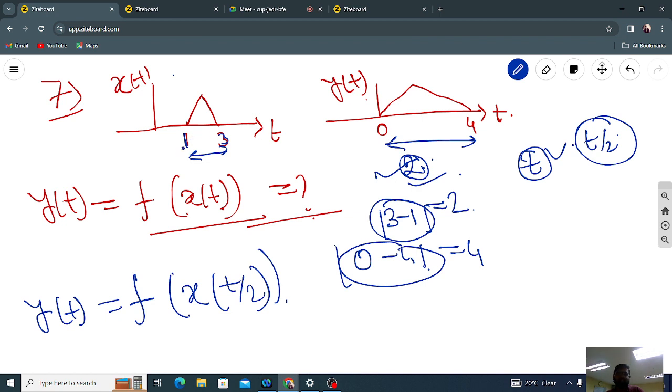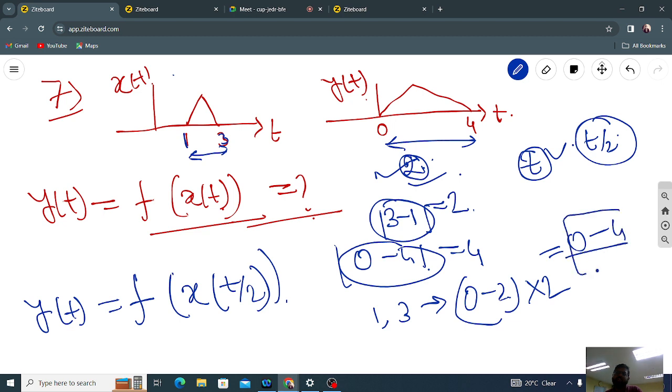So if this goes from 1 to 3 to 0 to 2, and if we scale it up by a factor of 2, it will be 0 to 4. So that is the thing we have to do. First we have to shift by a factor of 1 and then we have to scale it by a factor of 2.